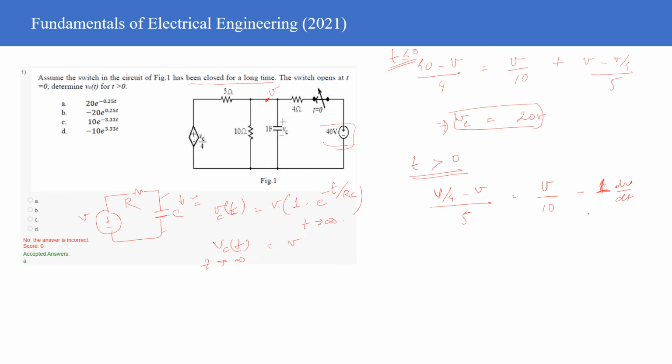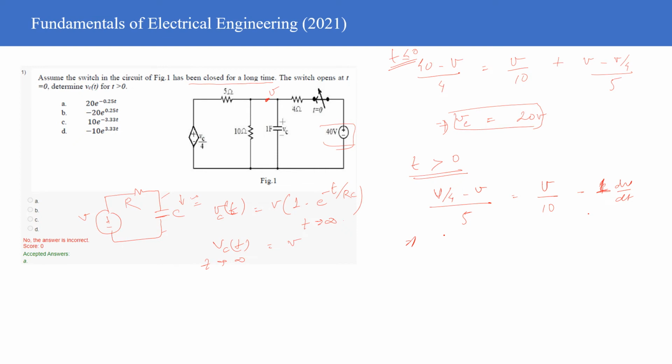And then you are left with this particular equation, right? So it's a differential equation, you can solve it, and then you can get the expression of VC, right? So how to solve it? So I can write it like this is 3 by 4 times of V. So just let me use the calculator now.